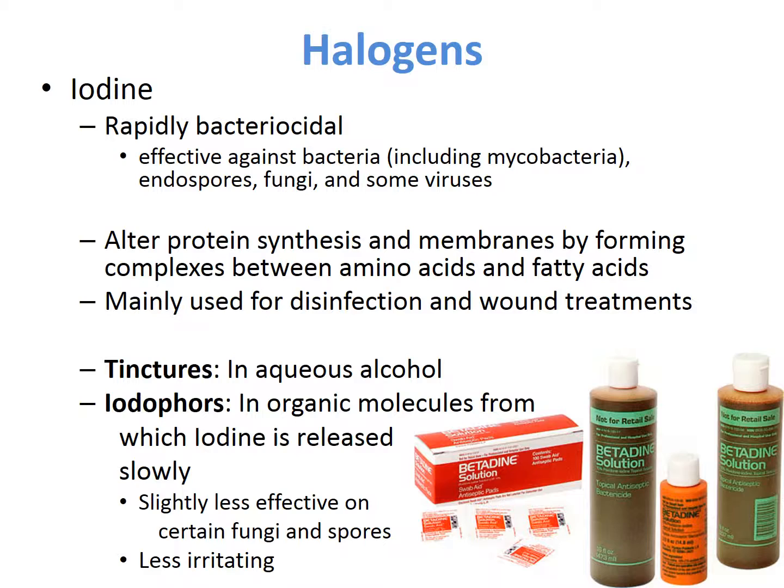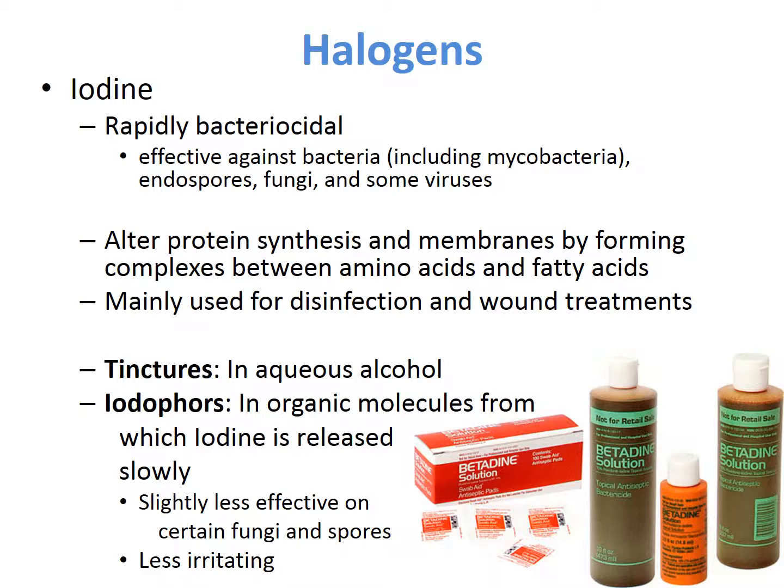One disadvantage to using iodine as a disinfectant is that it stains horribly. You'll know this if you've ever had iodine applied to a wound. It stains the skin. Iodine that's used as an antiseptic typically comes in two different formulations. You have your tinctures, which are basically iodine suspended in alcohol and water, aqueous alcohol.